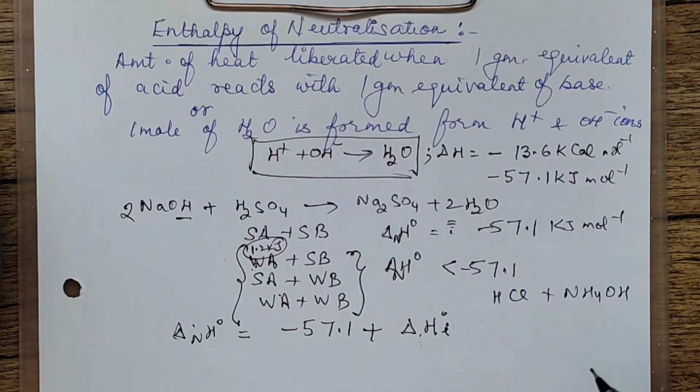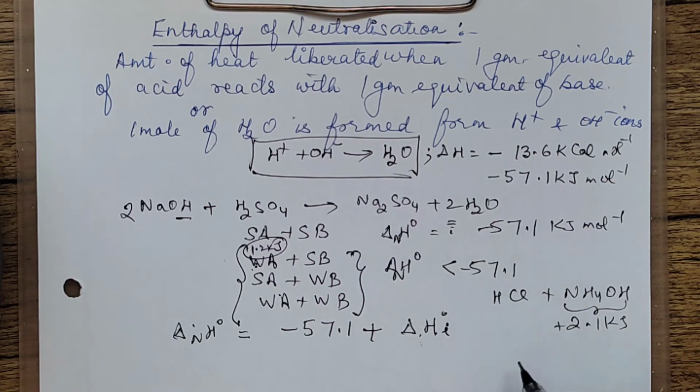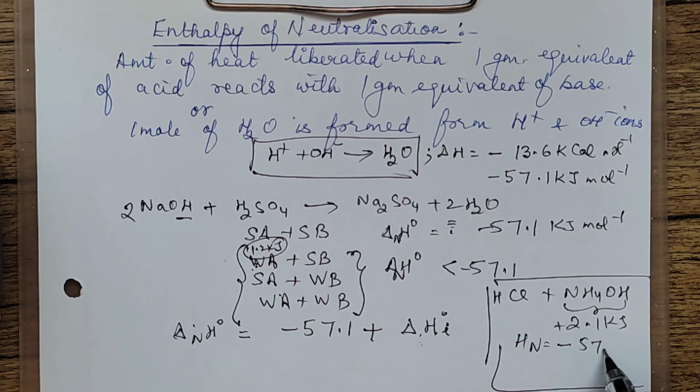And I am telling you the enthalpy of ionization for this weaker base is given as say 2.1 kilojoules. This much energy is required to ionize it. What will be the enthalpy of neutralization for this particular? You will say enthalpy of neutralization for this is equal to minus 57.1 plus 2.1. So you can just do that and you will get the answer. That will be the enthalpy of neutralization. I hope the concept is clear to you.